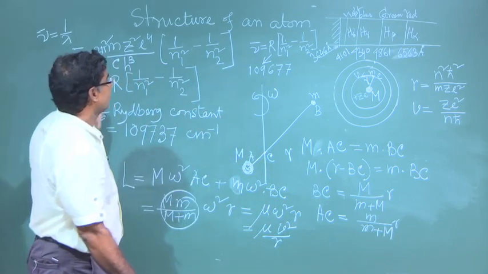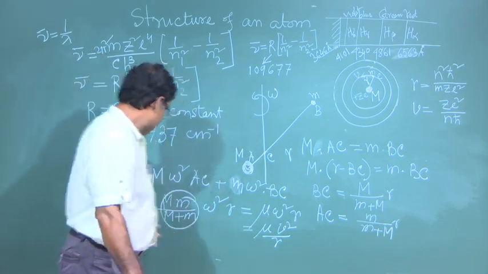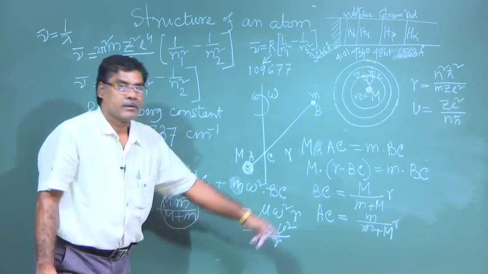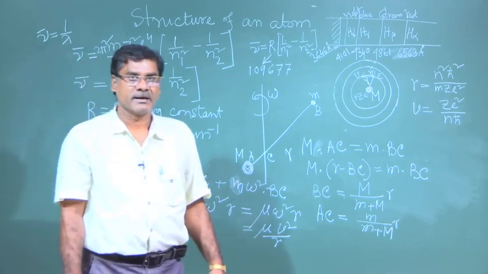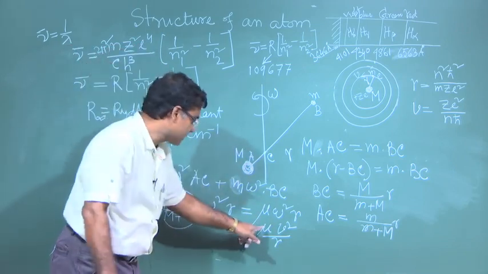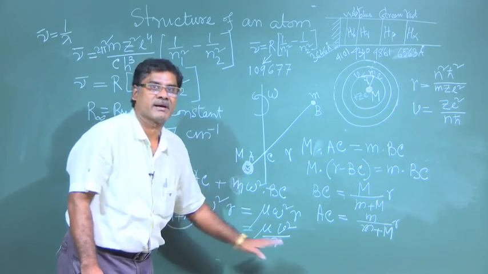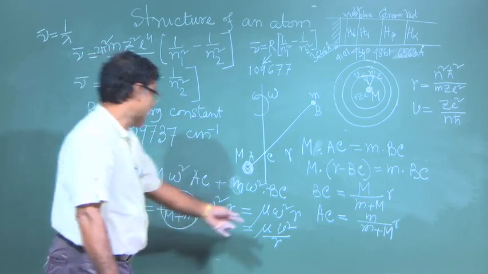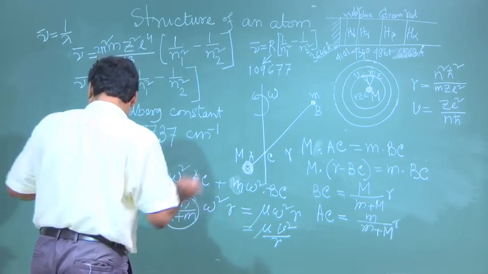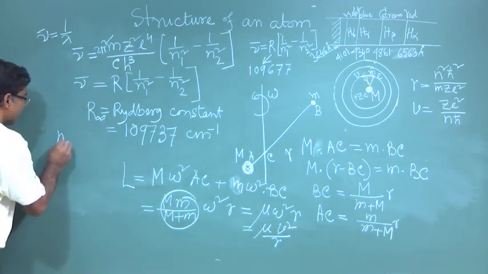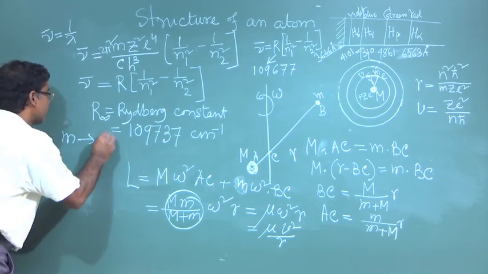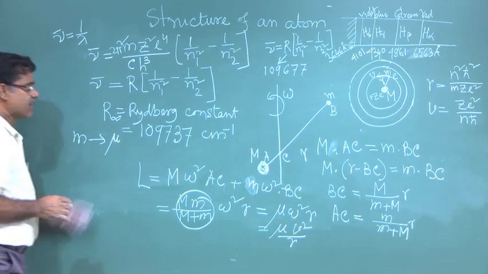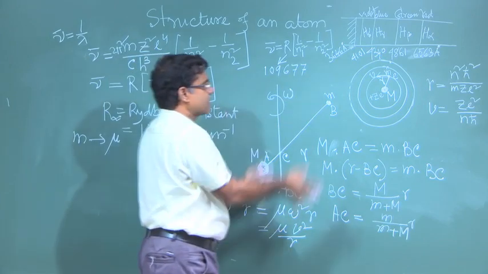Earlier we took mv square by R, now it is mu v square by R. So, if you replace m by mu, then all expressions are valid.